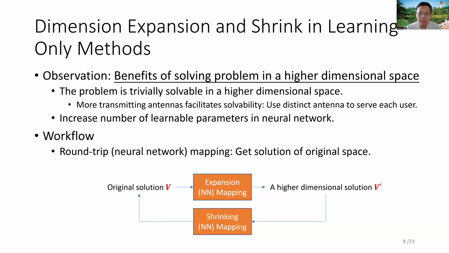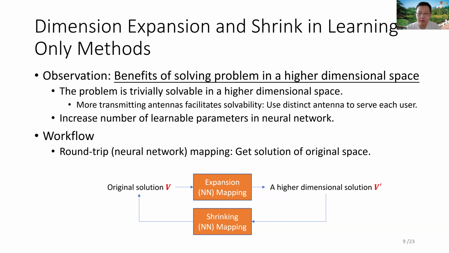Next, we propose a new dimension expansion and shrinking scheme by learning from the sum-rate maximization problem itself. We find that solving the sum-rate maximization problem in a higher dimensional space is beneficial. First, the problem itself will become more solvable if the variables are in a higher dimensional space.